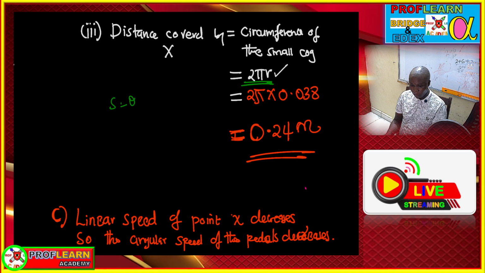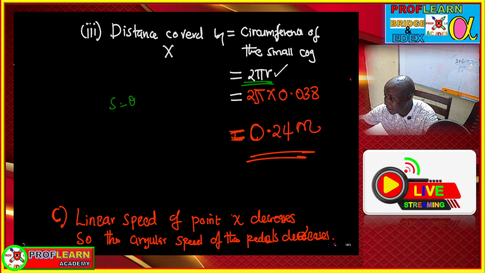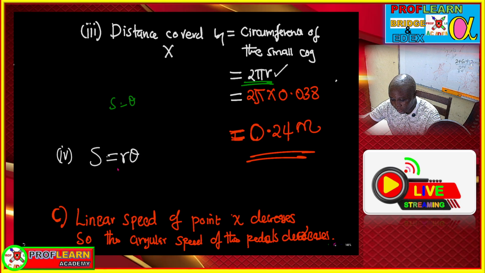Roman 3 is the one that we have worked out. Then we have Roman 4, I think I might have left this out. In Roman 4, you are going to use the formula s = rθ.